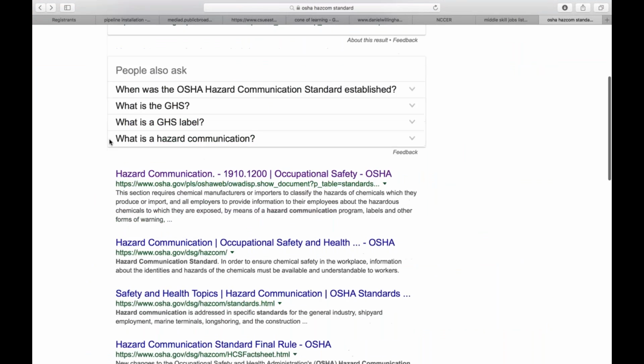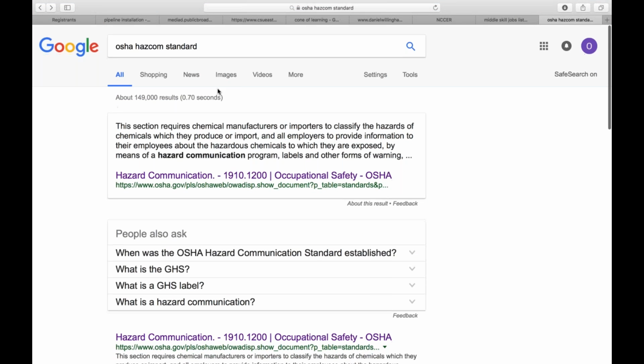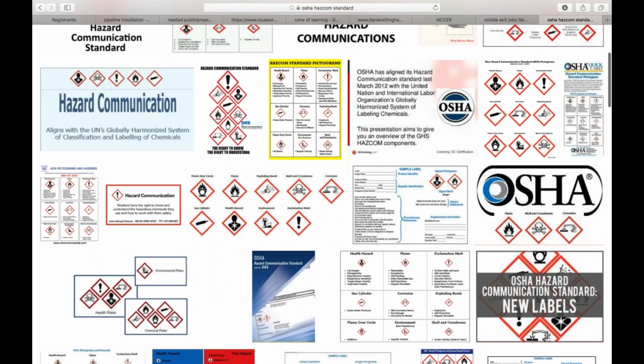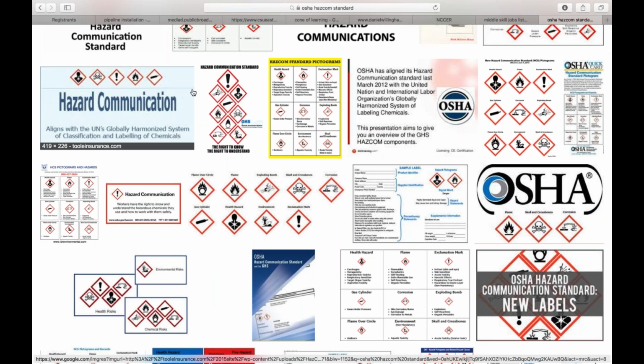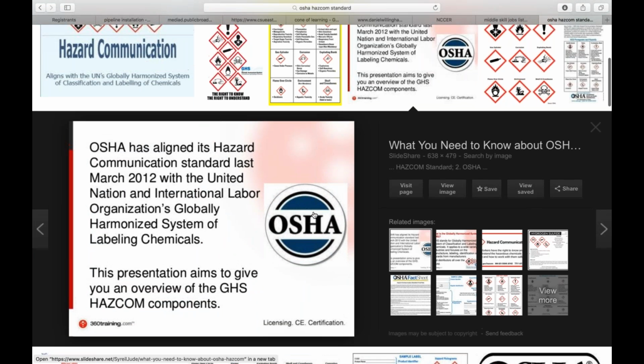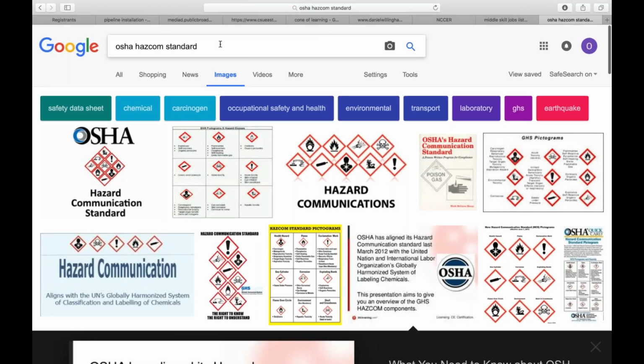But what we don't often realize is the OSHA communication standard. We also want to keep in mind the EPA right to know, right?